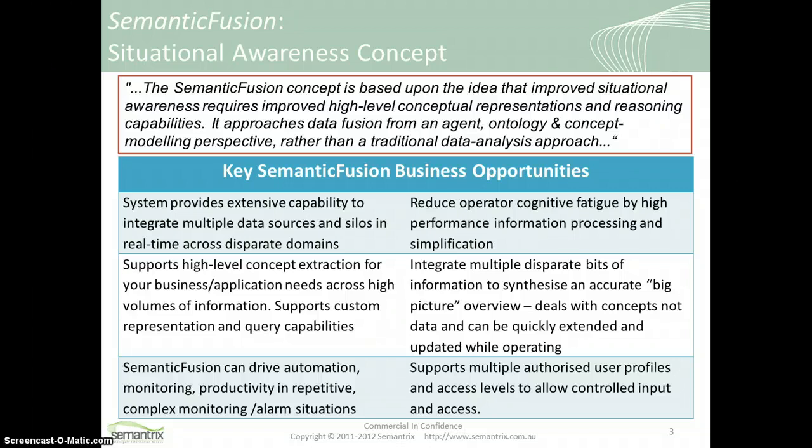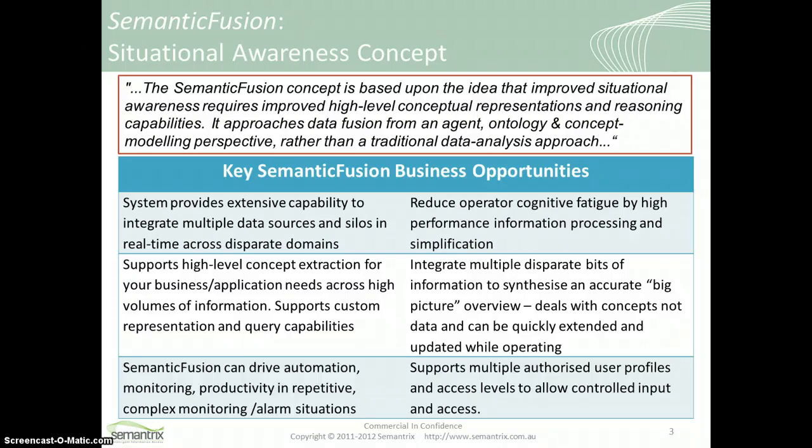Again, this core can be tailored to suit other domains other than just defense situational awareness. It has a very extensive capability and query model, and can increase your usage of information by integrating multiple disparate bits. It's not just sensor information, it's sensor plus electronic intelligence, plus voice transcripts, plus other textual information sources all combined together.